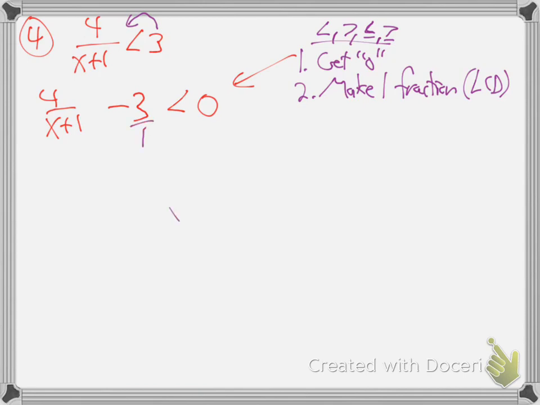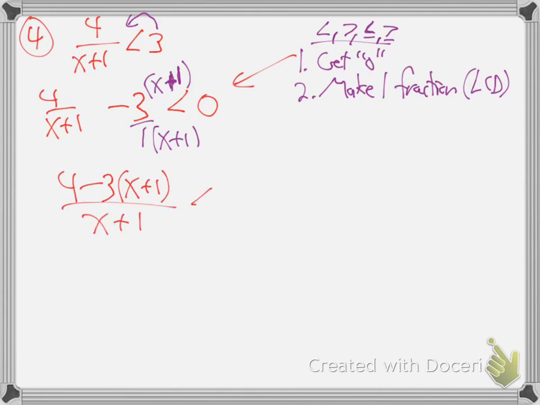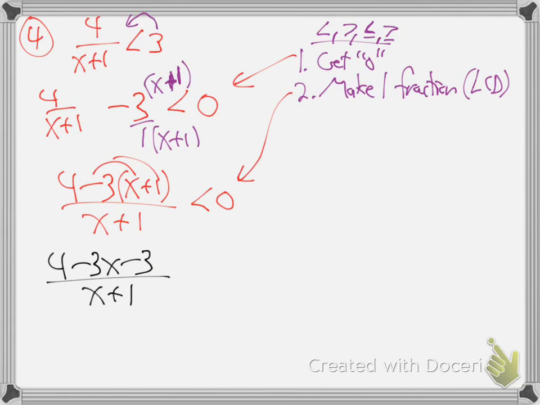Step 2, combine these into one fraction. So put this over 1. Multiply top and bottom by x plus 1. And so then we make it into one fraction. So it becomes 4 minus 3 times x plus 1 over x plus 1. Clean that up. That's 4 minus, and let me change the color so you can follow that, minus 3x minus 3 over x plus 1.